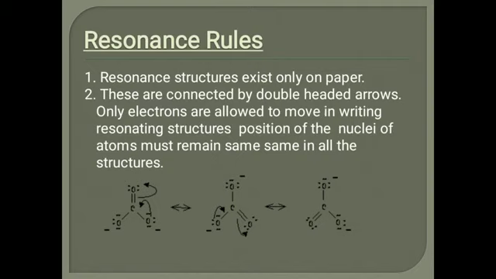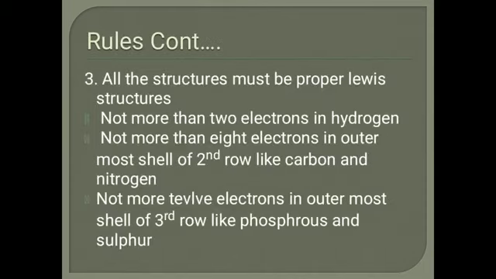There is no change in the position of atoms. There is a change in the position of electrons, or delocalization of electrons, a change in the position of the double bond, and a change in the negative charge on all the oxygens of this carbonate ion.